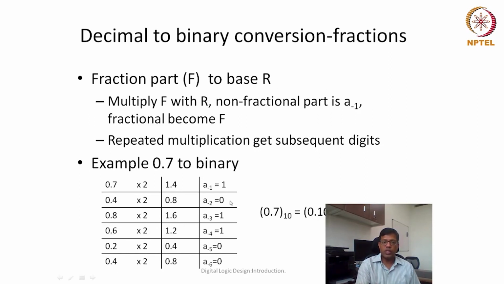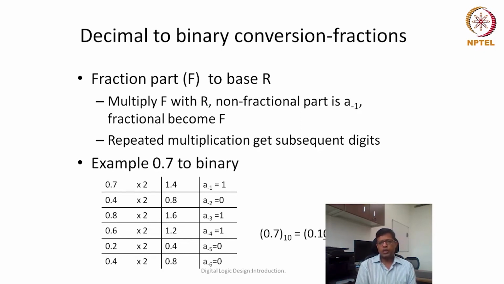These four binary digits 0, 1, 1, 0 will keep on repeating. So we can also write this number as 0.10110, where 0110 keeps on repeating to infinity, and then the value would be very close to 0.7.